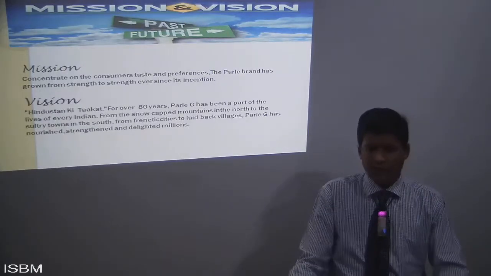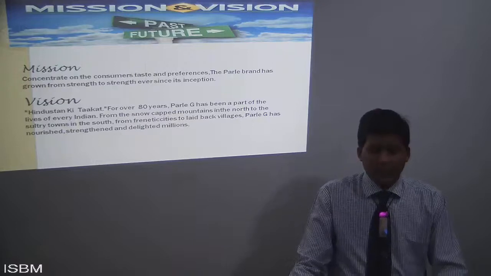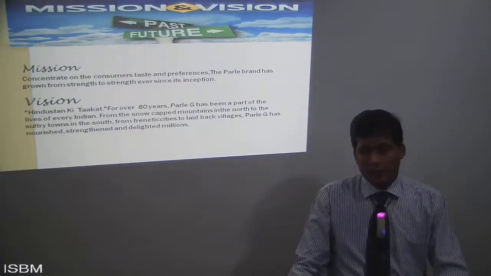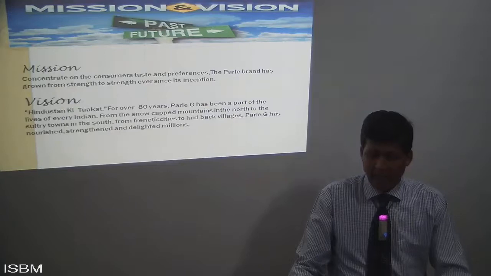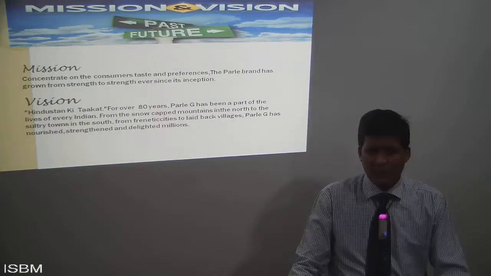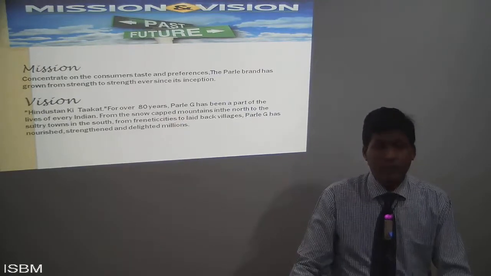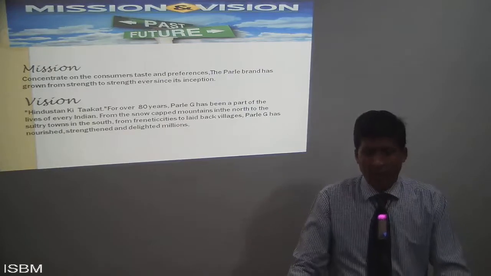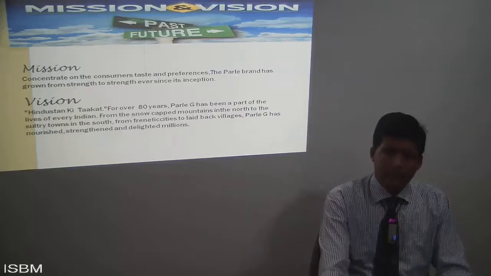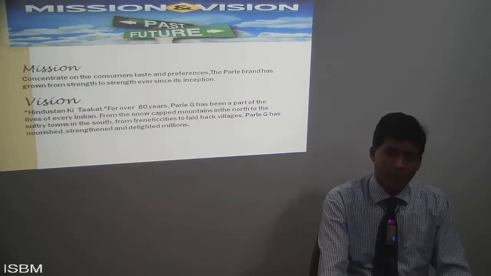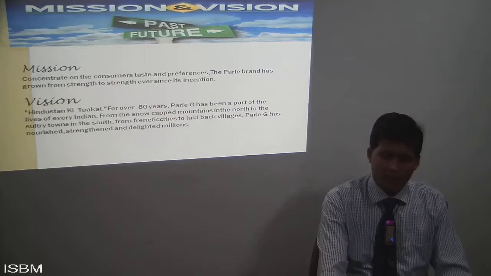The vision of the organization: Hindustan Ki Taakat has been their punchline and tagline for over 80 years. Since G stands for genius and G for glucose, and glucose represents instant energy, they say Hindustan Ki Taakat. Parle G has been a part of the lives of every Indian. Everybody who has been brought up in India knows what Parle G is all about.